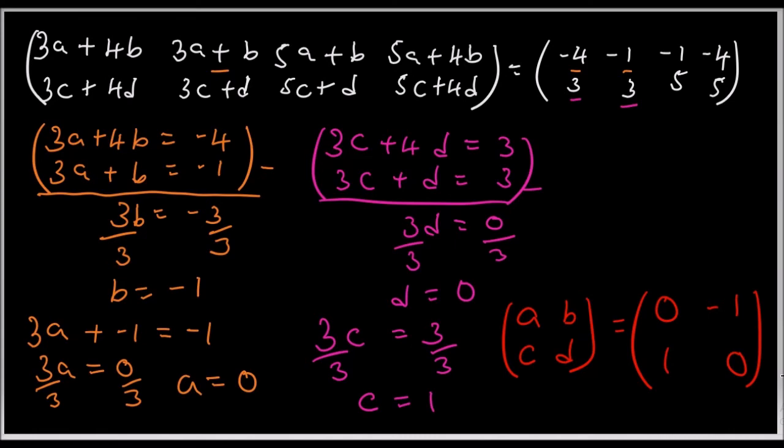That is how we get the matrix of transformation. When you are given an object and its image after transformation, you assign your transformation matrix to letters, and then when you multiply, you solve the linear equations, and that way you will be able to come up with the matrix of transformation.